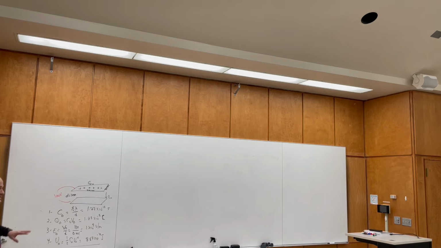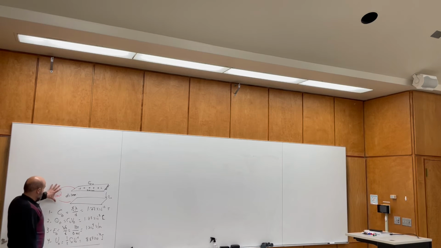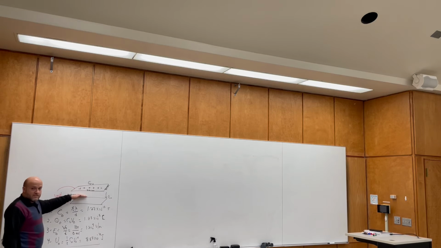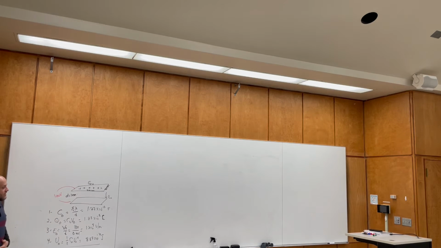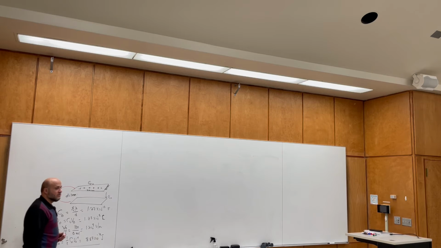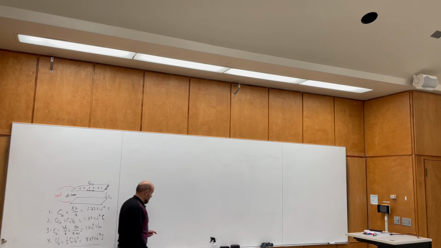Then yesterday what we did, we assumed the battery connected and reduced the distance, found the 4 values again, and then disconnected the battery, reduced the distance, and found the values again. That's the example. Today I'm going to include dielectrics between the two plates.